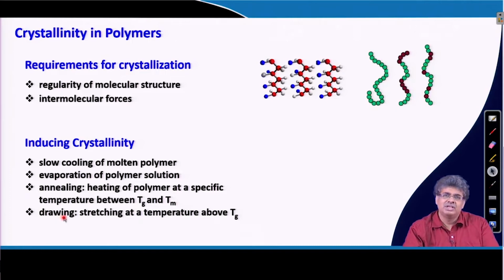Similarly, if we stretch a sample above Tg and give enough time, then while stretching we are aligning the polymer chains, and because we are doing it above Tg, the polymers have some mobility, so they can reorient easily and form crystalline domains. So, these are some of the indirect ways by which we can induce crystallinity in the sample.